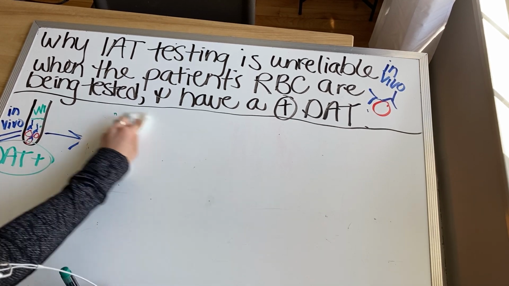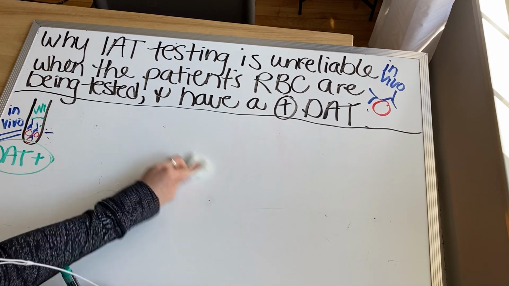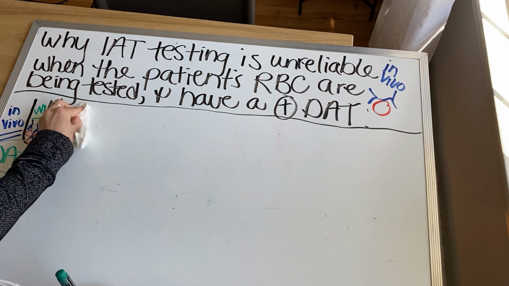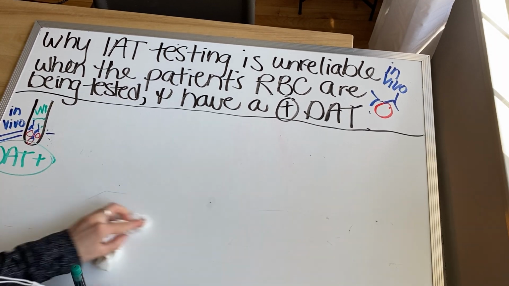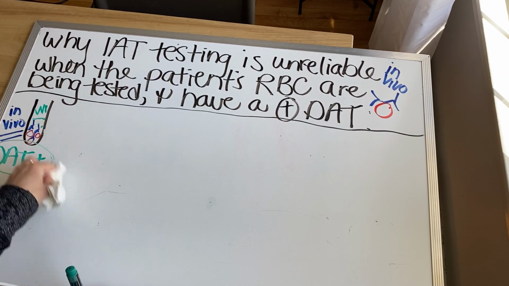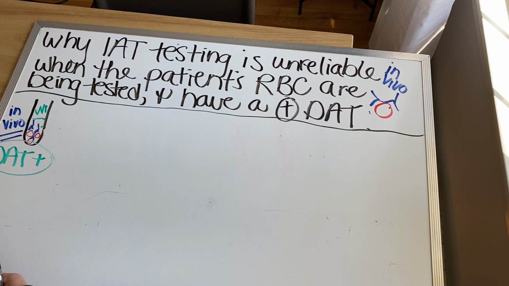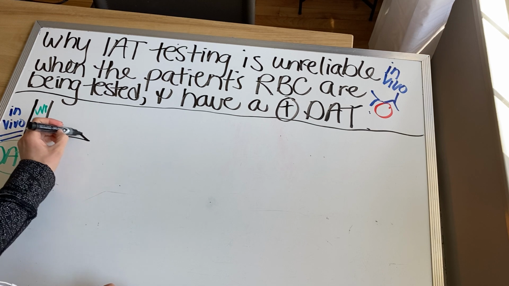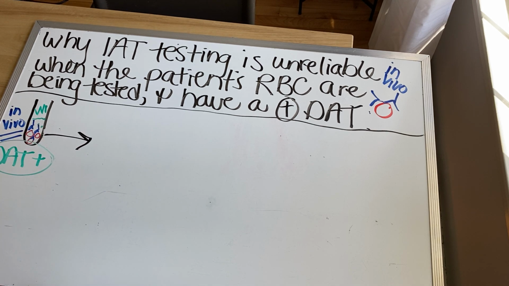Okay. So that was the direct. Now, if we had to do an indirect test with the patient's red cells, this is when we would take the patient's red cells and do an indirect test to see which antigens were coating the red blood cell.